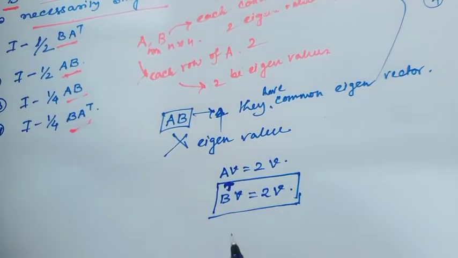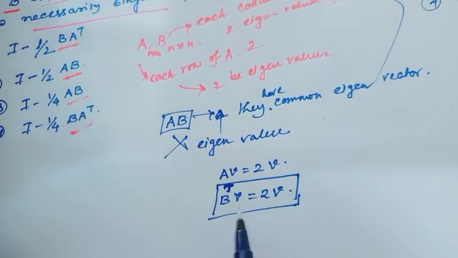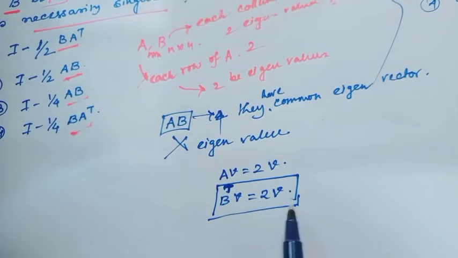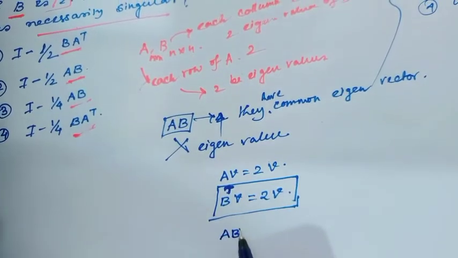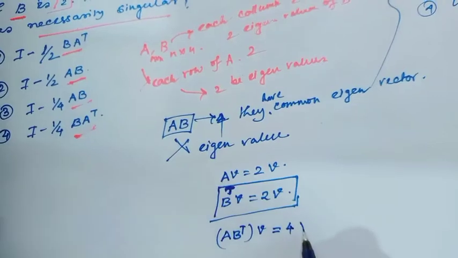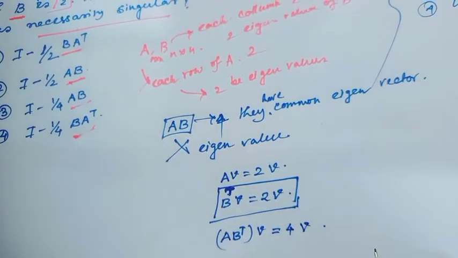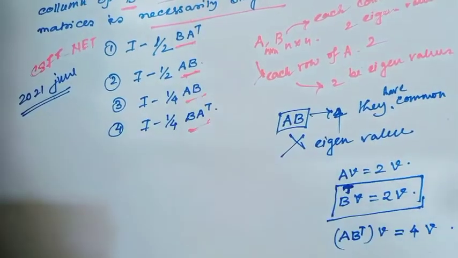Therefore, here I have got AV equal to 2V and here I have got B transpose V equal to 2V. Therefore, A B transpose V equal to, obviously, 4V. Okay. Now about BA transpose.